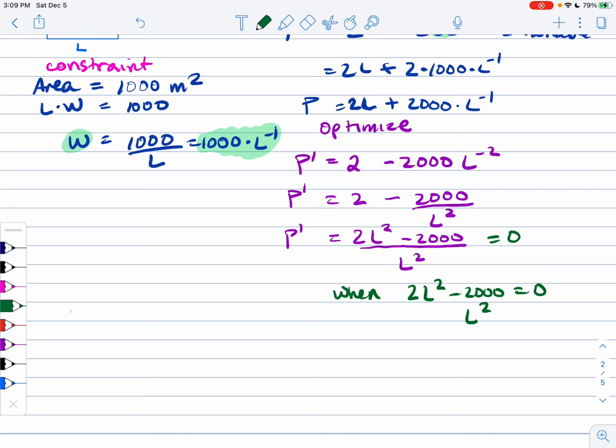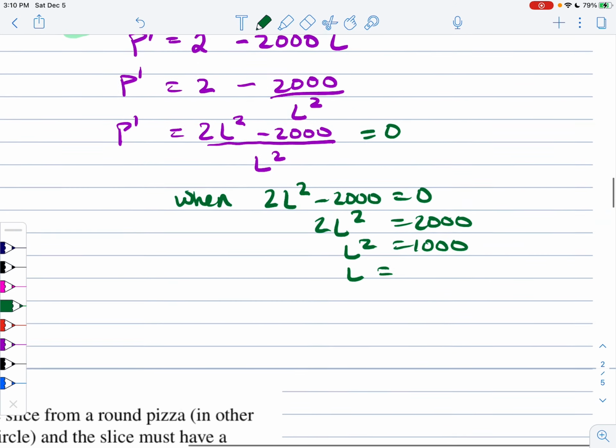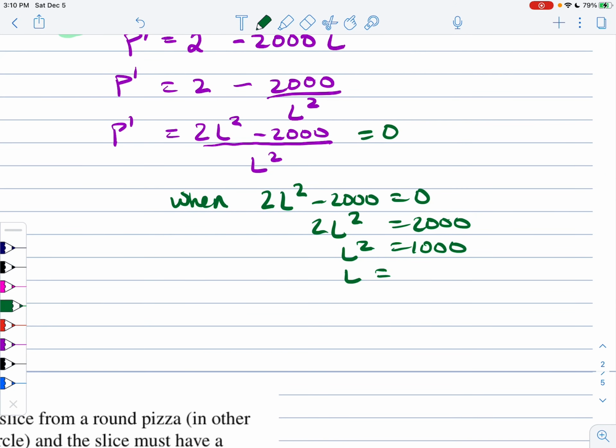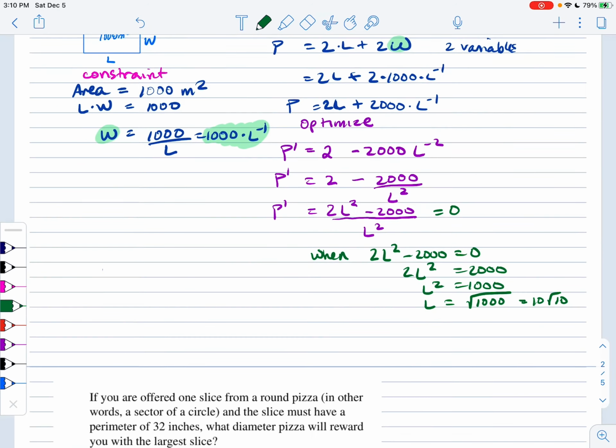So I get 2L squared equal to 2,000, L squared equal to 1,000, and L here is going to equal, yes, it would be true that it's plus or minus the square root of 1,000, but we're talking about positive lengths here. So we would say that it's just the square root of 1,000, and if you want to rationalize or simplify that, that would be 10 root 10, okay?